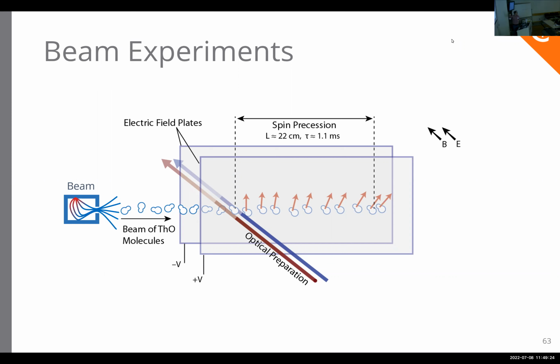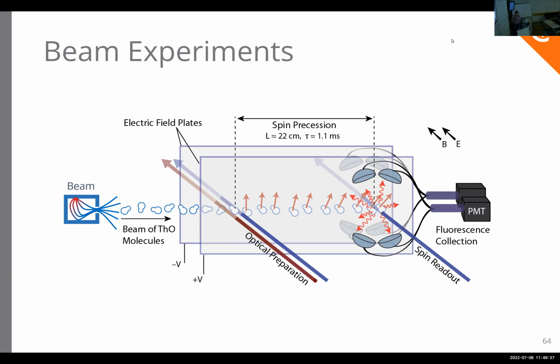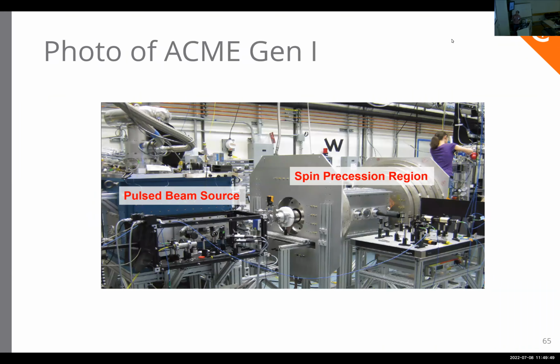Now they precess in these electric fields and a magnetic field for the first generation, about a millisecond. So, this is 22 centimeters. And then you have some other lasers that read them out. You scatter polarized light off of these, and that gives you information about the polarization state of the molecule, the spin polarization. You detect the fluorescence, and you reconstruct the signal.